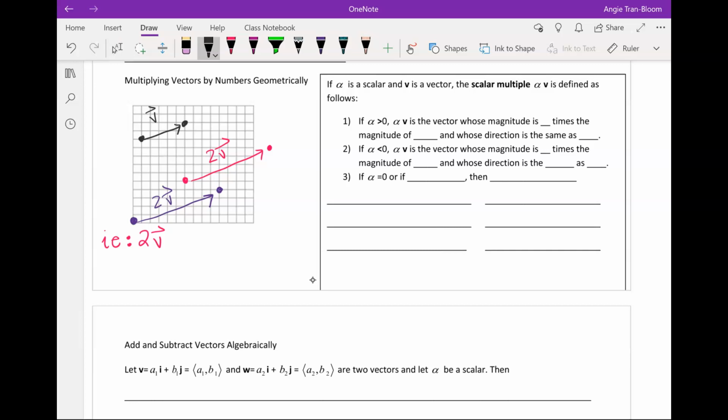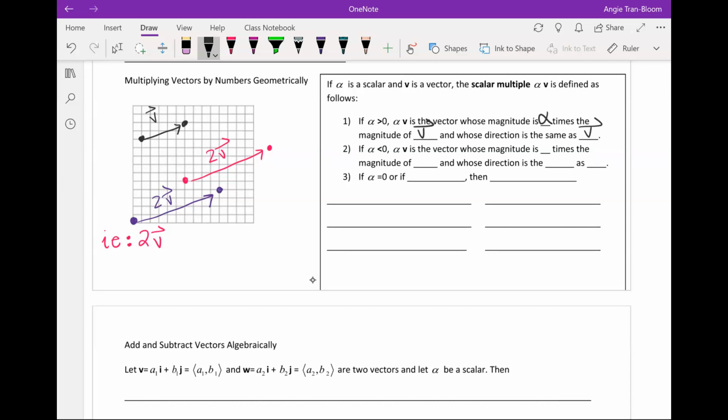How many times the original? 2. So if we have an alpha, it's alpha times the magnitude of your original v, and whose direction is the same as your original vector v.